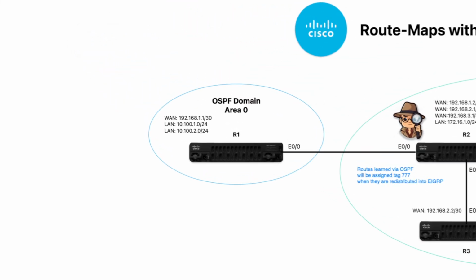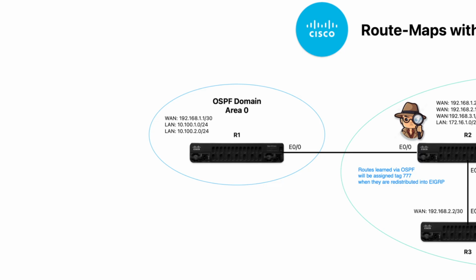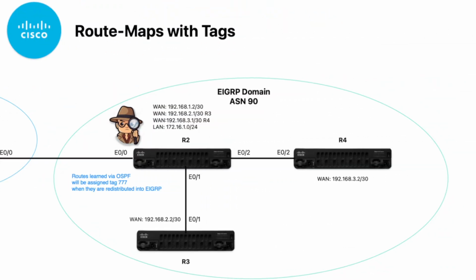Alright, so let me break it down for you. The first thing we're going to do is configure router number 1. We're going to configure Ethernet 0/0 with the corresponding IP address. We're also going to have two LANs, which are going to be configured on loopbacks. And we're going to be using OSPF as the routing protocol in area 0. Let's move on to router number 2. In here, we're going to be configuring Ethernet 0/0, 0/1, and 0/2 with the corresponding IP addresses.